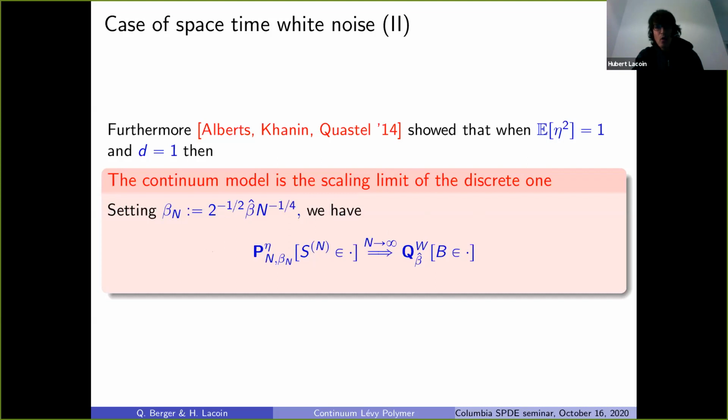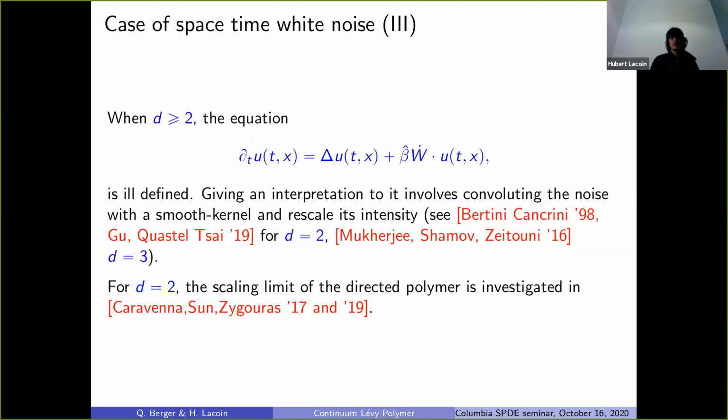There are a few open questions and research programs in higher dimension, and it's really a different game because in dimension larger than 2, this equation has no solution, at least in the classical form.